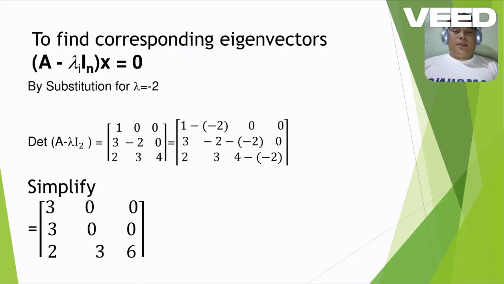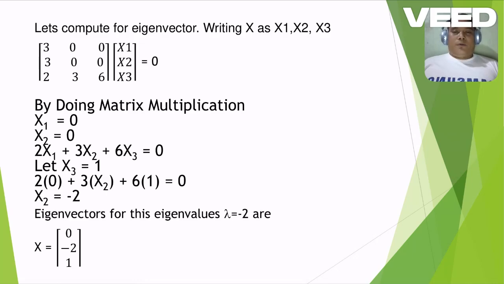We simplify, which makes 3, 0, 0; 3, 0, 0; 2, 3, 6. So let's compute for eigenvectors, writing x as x1, x2, x3. In row 1, it will become x1 equals 0.